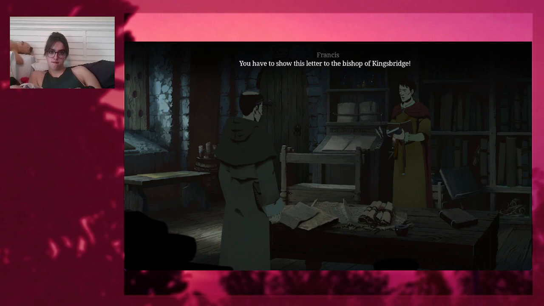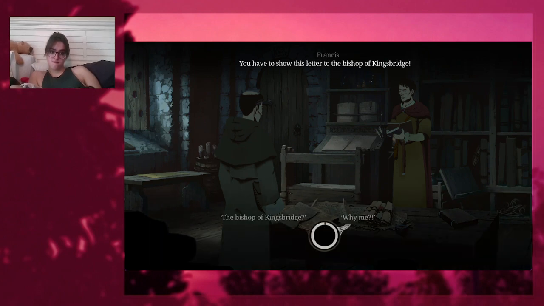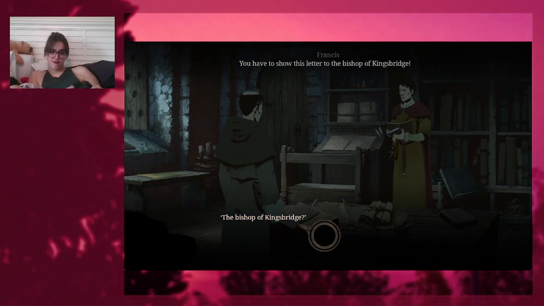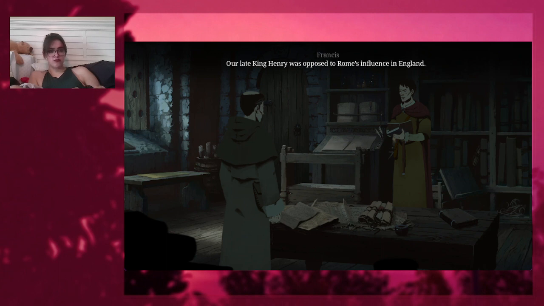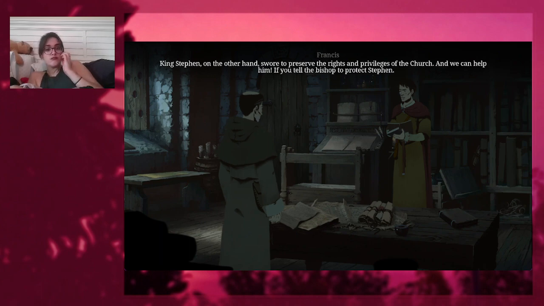Philip, you have to show this letter to the Bishop of Kingsbridge. The Bishop of Kingsbridge? Why? Our late King Henry was opposed to Rome's influence in England. King Stephen, on the other hand, swore to preserve the rights and privileges of the church, and we can help him if you tell the bishop to protect Stephen.